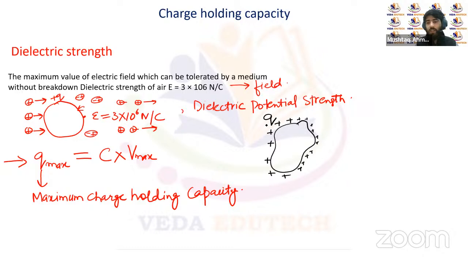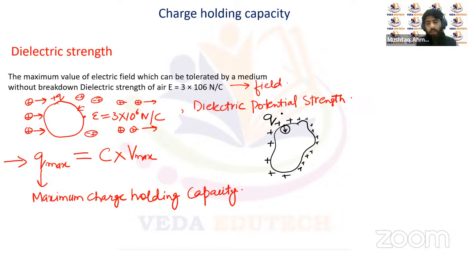It means that at each and every point, the radius of curvature of this conductor will be different. Suppose we take this point. If we assume that this point is a part of some circle, then the radius of curvature for this point will be like this. So for different points, the radius of curvature will be different.